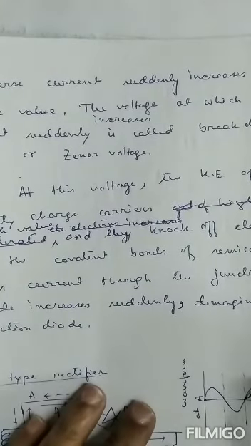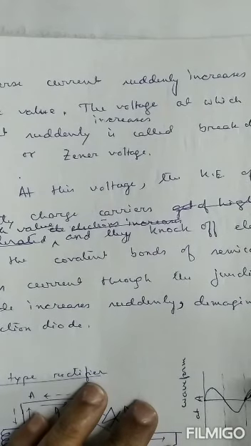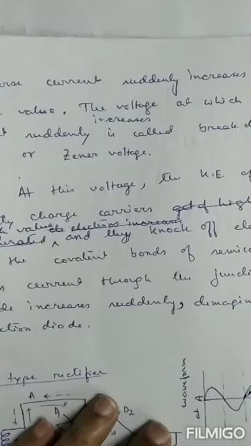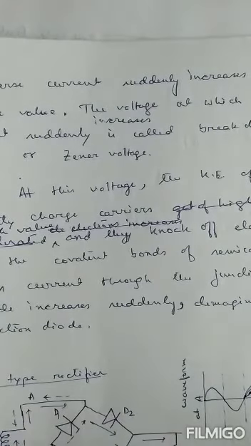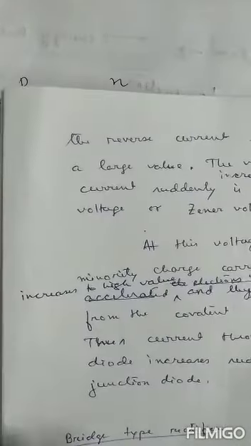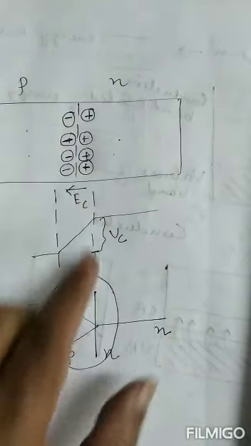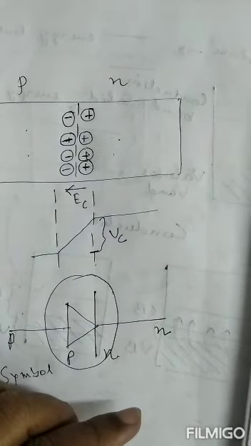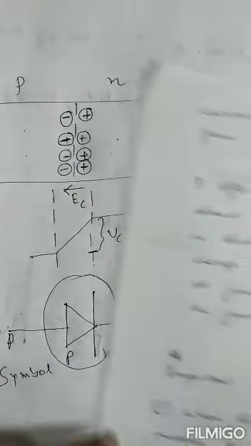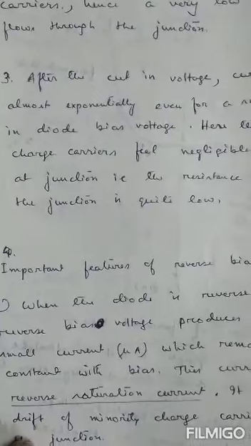Thus, current through the junction diode increases suddenly to a large value. But once this voltage is achieved, that particular junction diode gets damaged, because this high electric field damages the internal lattice structure on the p side of the crystal. Okay? So this is the reverse bias characteristics of the PN junction.